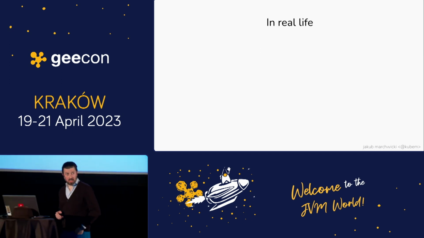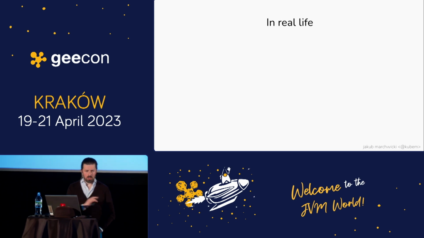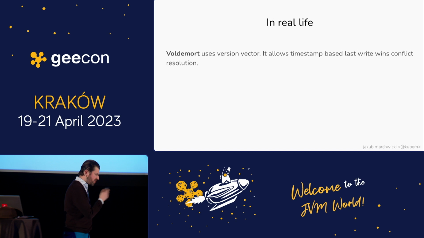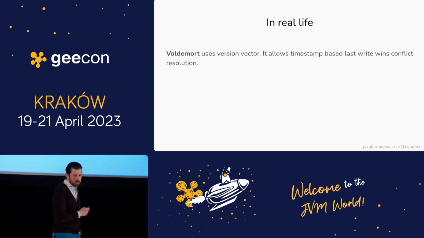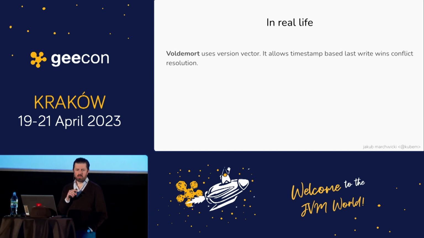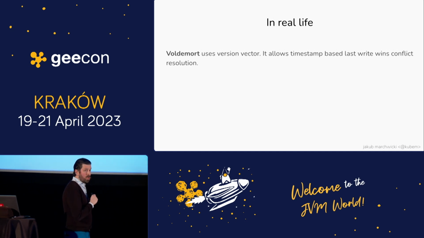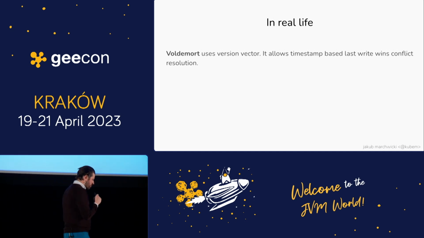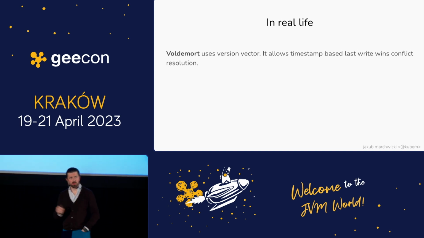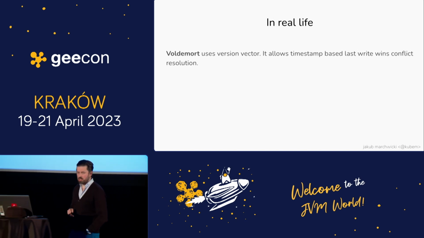Because in real life, all what I've covered is implemented. There's a database coming from LinkedIn called Voldemort. They're using version vectors and use timestamp to decide last write wins conflict resolution. They are leader-follower topology, so it's slightly easier to make this decision, but still, that's exactly what's underlying this database.